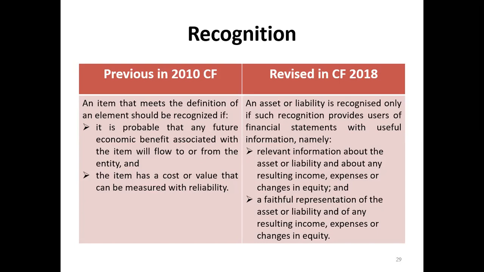In some instances, even though the probability of that particular flow of economic benefits is low, that information can be relevant. If you apply that logic to the contingent liability, in the individual entity, yes, you can simply treat it as disclosure. But when it comes to the group scenario, especially valuation, these contingent liabilities would be crucial, right? So even though the probability is less, it still can be relevant.